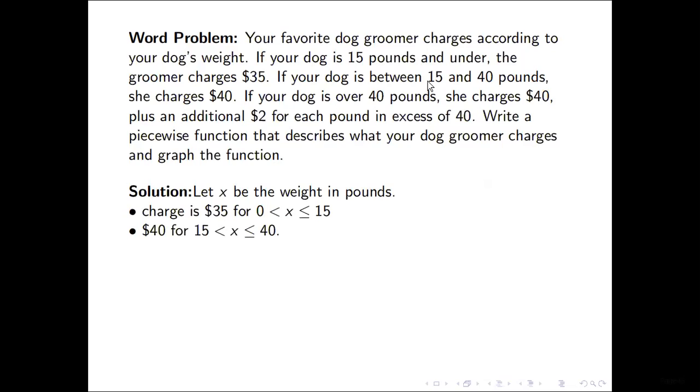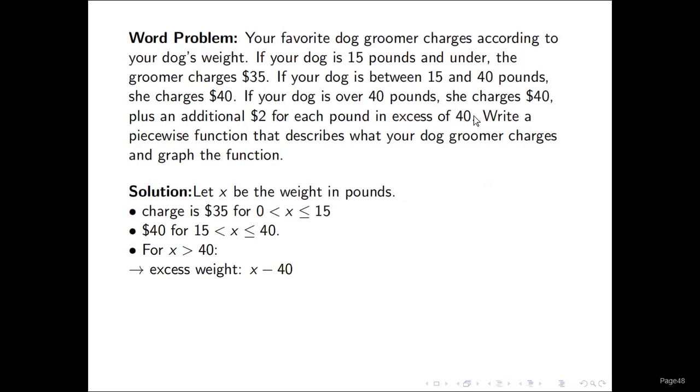If X is greater than 15, even 15.01, it becomes 40, up to less than or equal to 40, including the 40. As long as it does not exceed 40, price is fixed at $40. Now, the real problem here is constructing the formula for greater than 40 pounds. What does she charge? On top of the 40 from the previous one, $2 each pound in excess of 40.